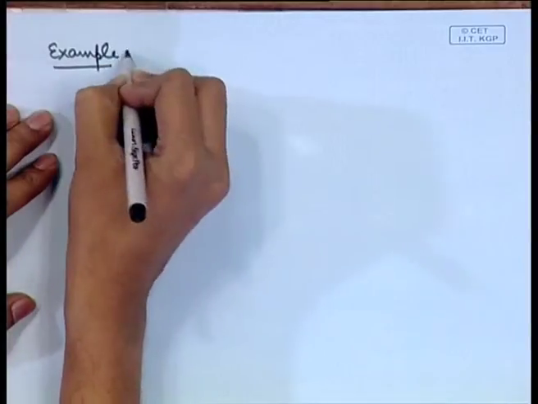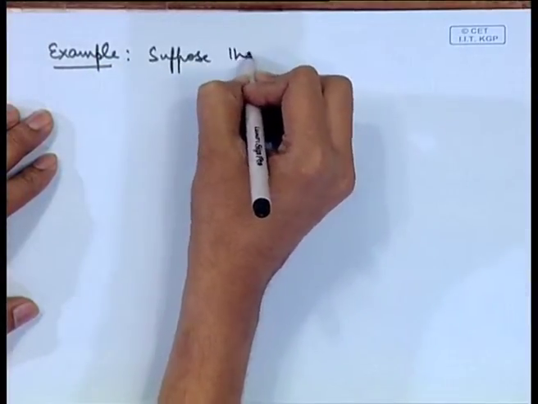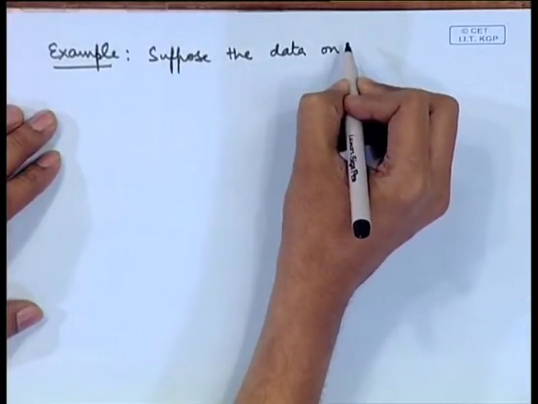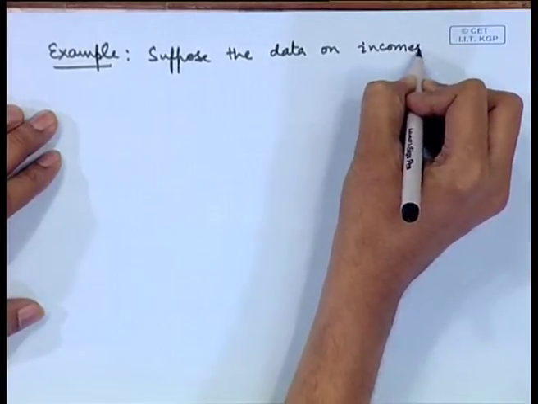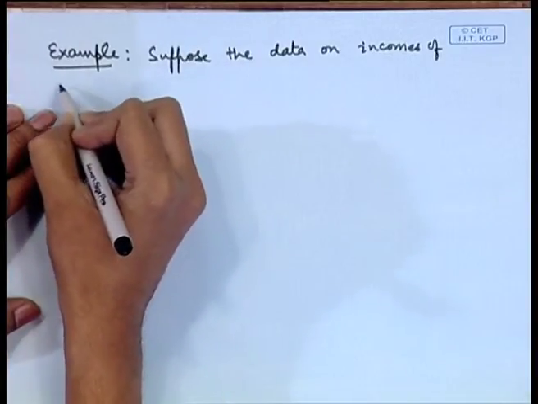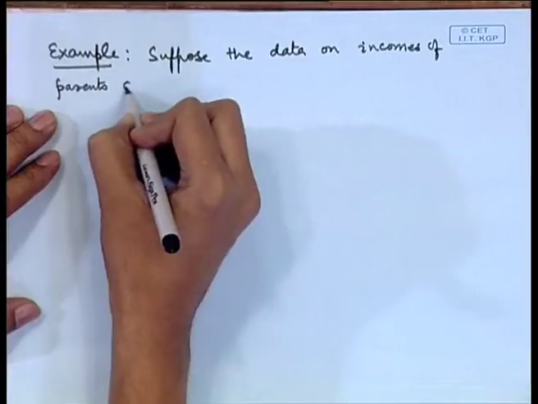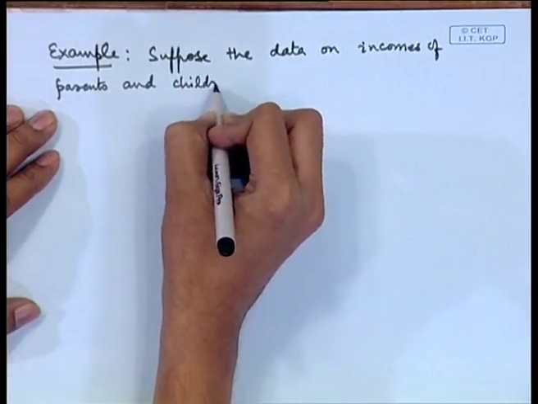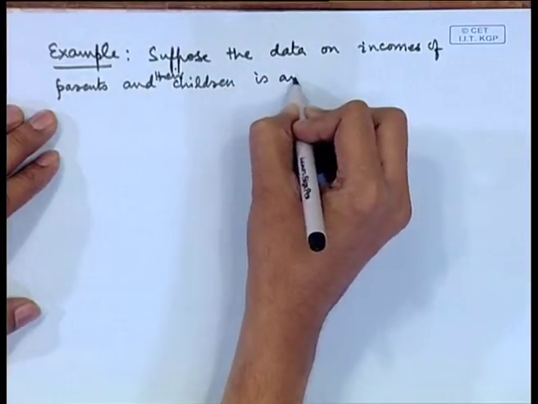Let us consider one example here. Suppose the data on incomes of parents and their children is available.